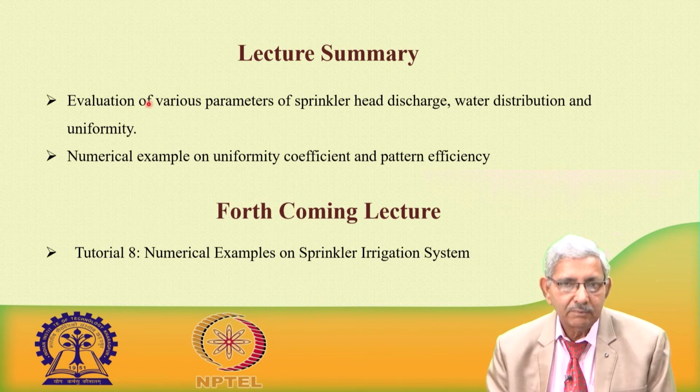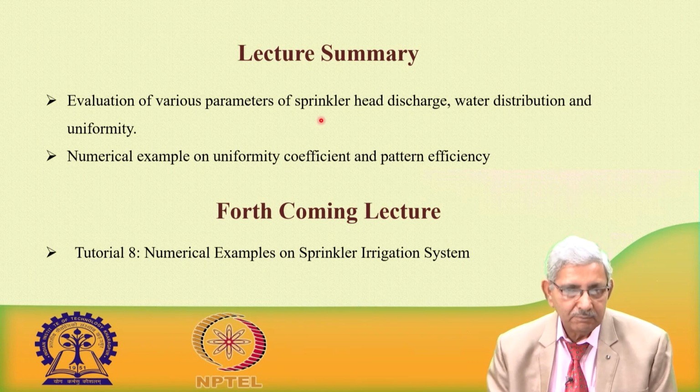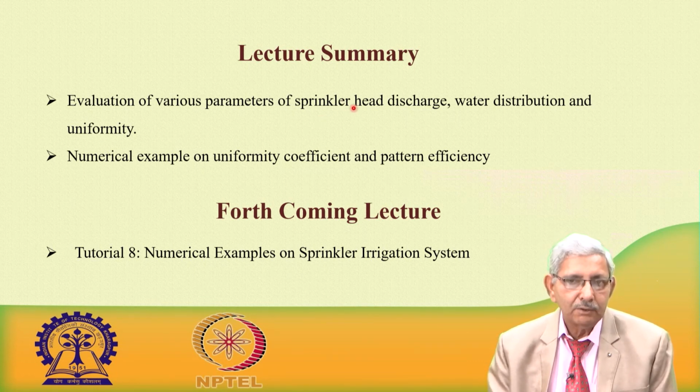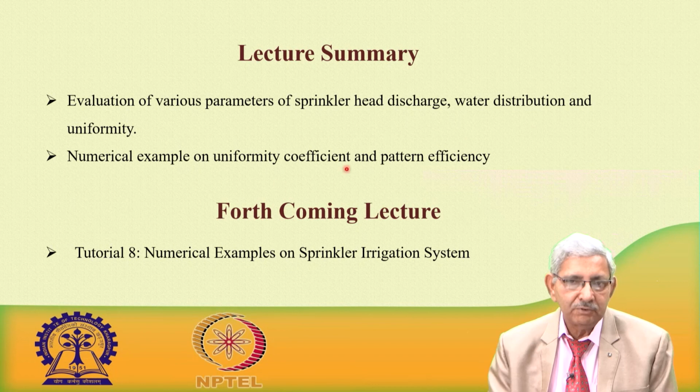Now, let us summarize this lecture. Here we have evaluated different parameters, namely the sprinkler head discharge relationship. We have evaluated how water distribution takes place, in the form of emission uniformity.